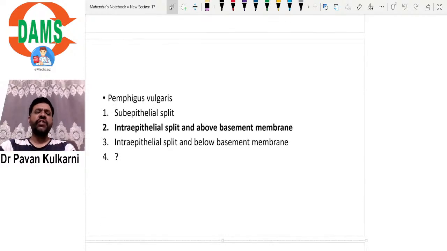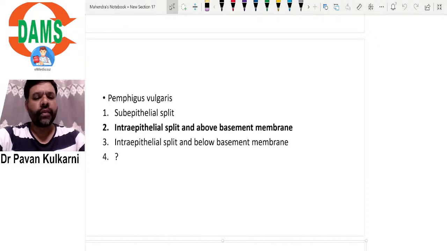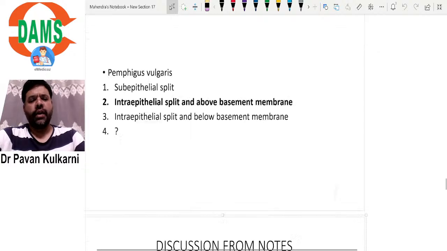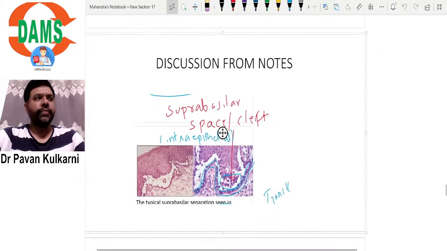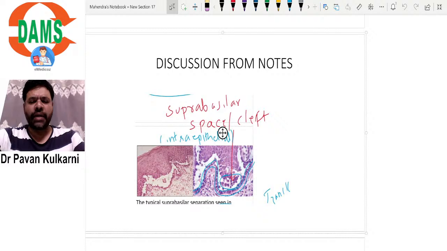Okay, Pemphigus vulgaris will have what kind of split? Pemphigus vulgaris will basically have an intraepithelial split above the basement membrane. This is a classical question which we have repeated multiple times in our discussion. You can see the image there, suprabasilar or intraepithelial split.